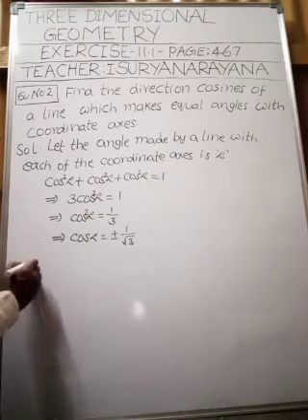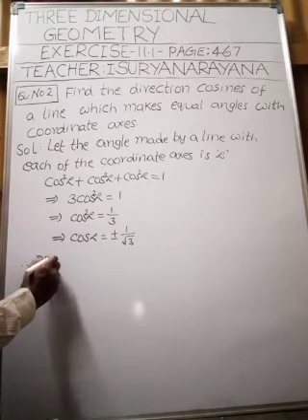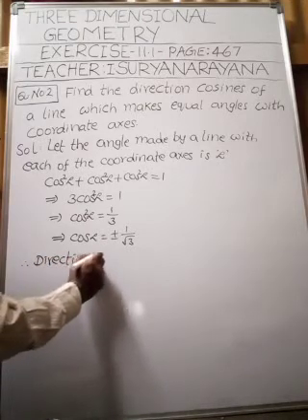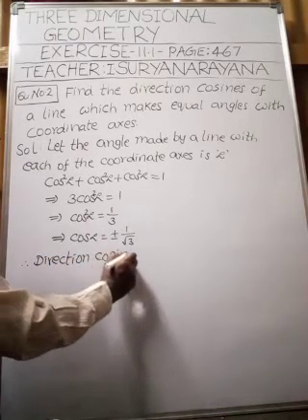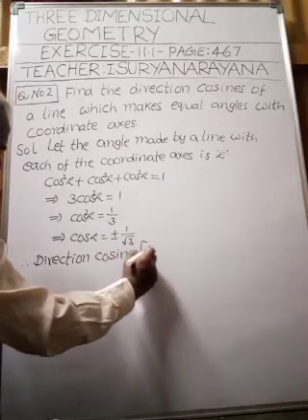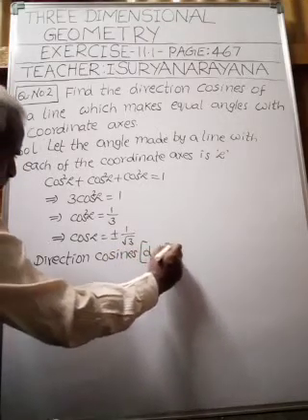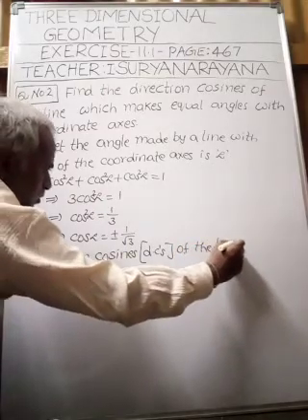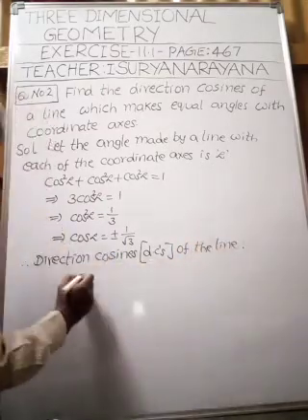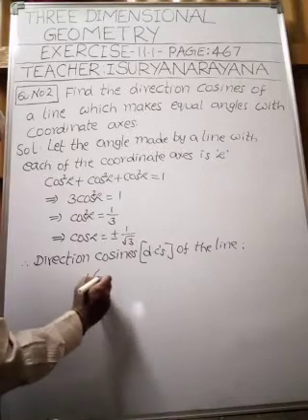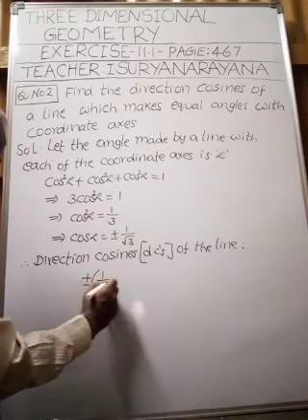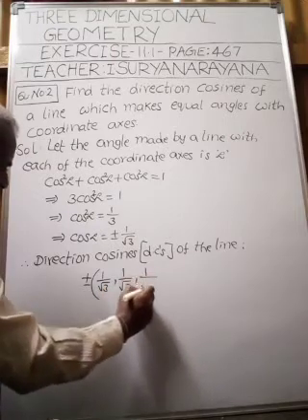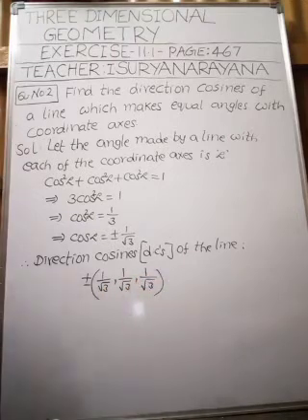Right. Therefore, direction cosines, that is DCs of the line, are plus or minus 1 by root 3, comma, 1 by root 3, comma, 1 by root 3.